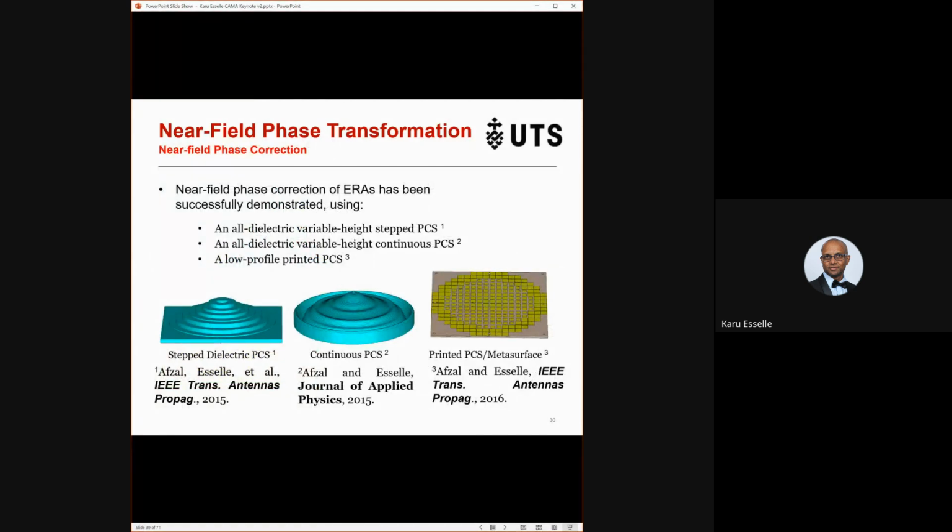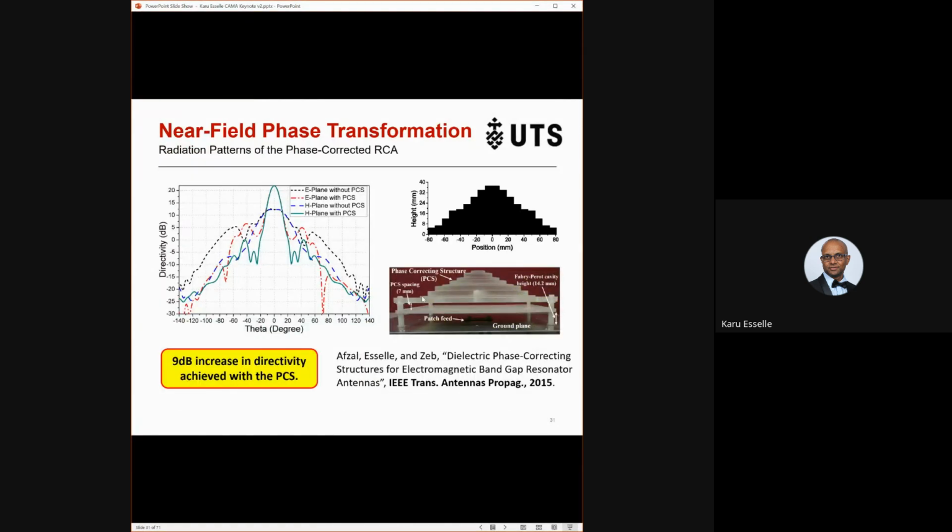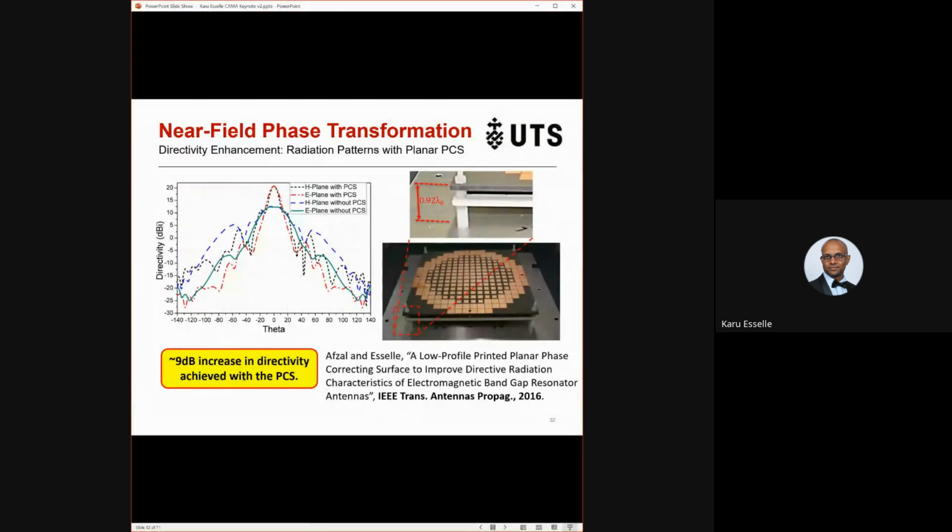This gives an idea how much phase shift you have to change without changing the thickness. We do all that by designing these phase correction cells. So you can see in our paper the details, how the cell structure, the nature of different cells, cell parameters.